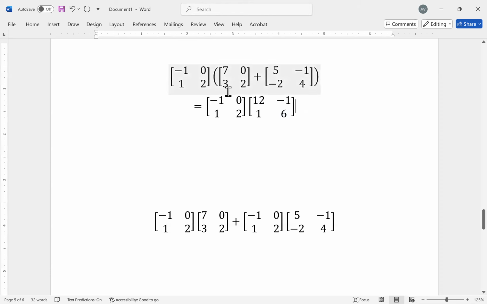So if I add the 2 matrices inside of the parentheses, then the matrix inside of the parentheses is going to be 12, -1, 1, 6.